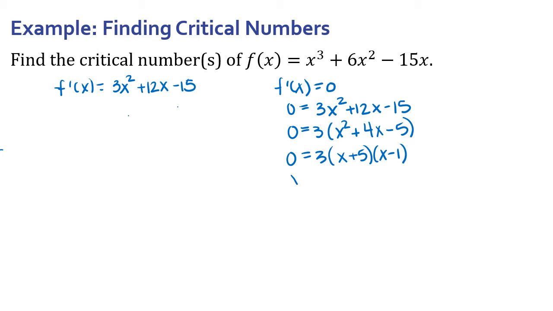So this is going to equal 0 when x plus 5 equals 0 or x minus 1 equals 0. So at x equals -5 or at x equals 1. So this means the critical numbers of f of x are x equals -5 and x equals 1.